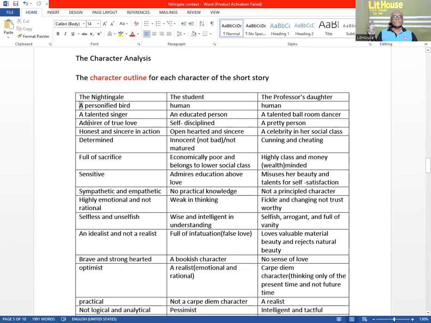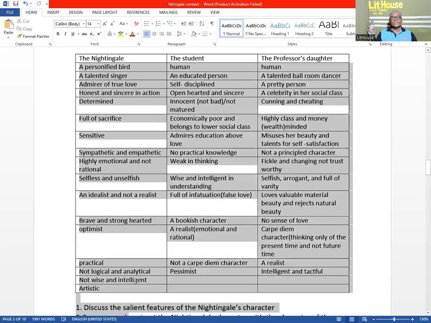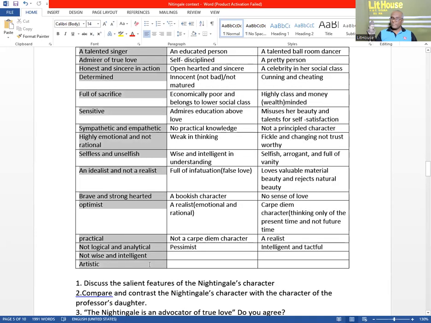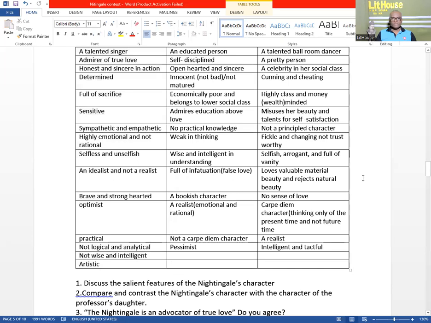This is what I see, but you may have other qualities depending on the short story. You may have other qualities of your own. No problem. This is open for criticism. You can include new qualities from your point of view.